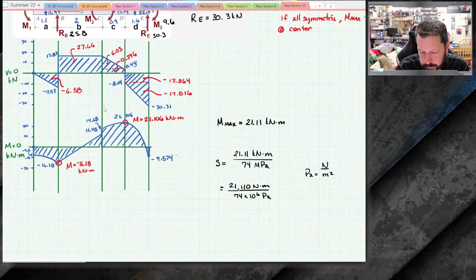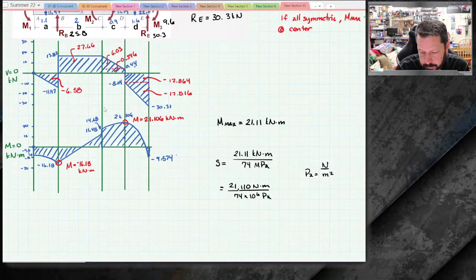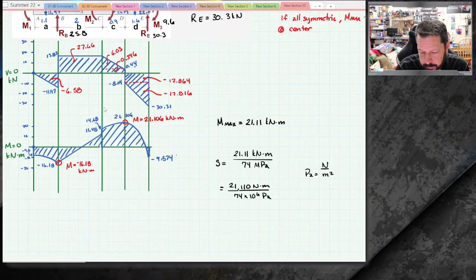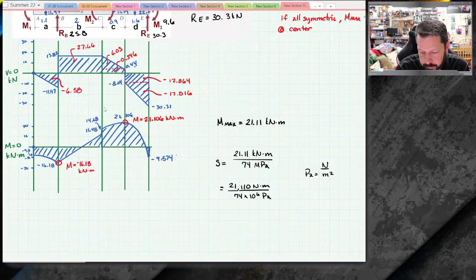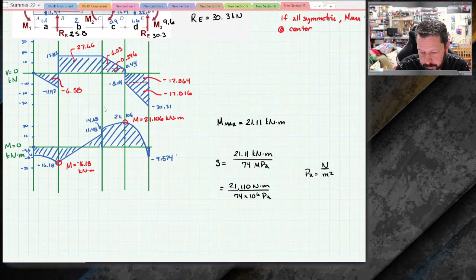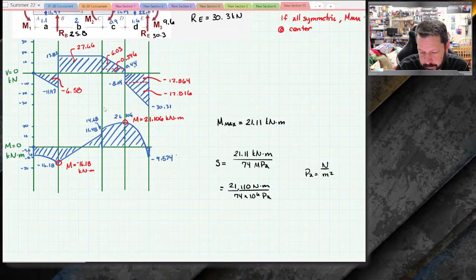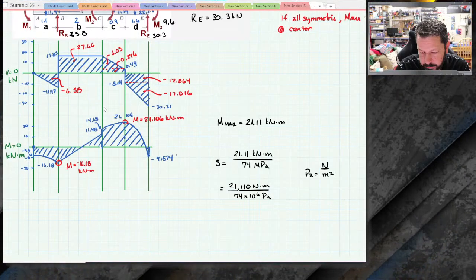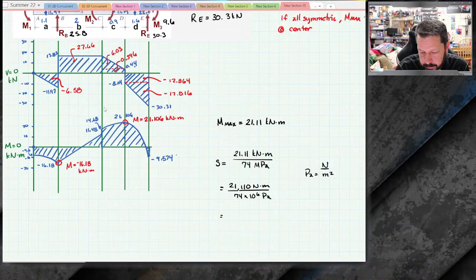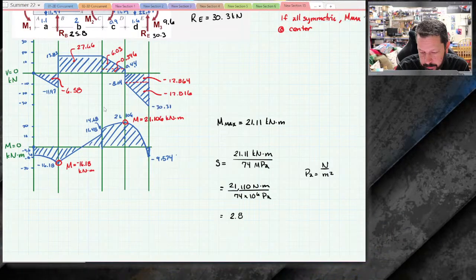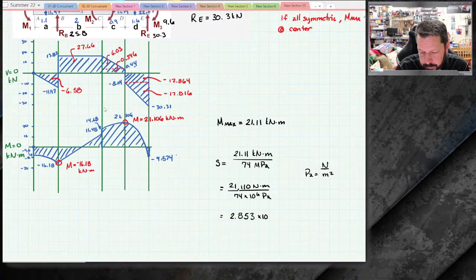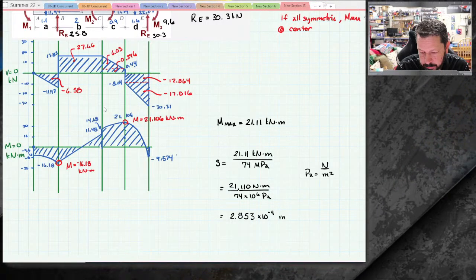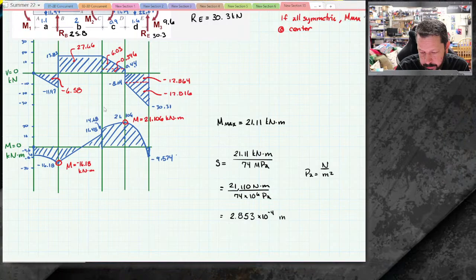Now, that's fine, except that I think the chart is going to have it in like millimeters, but we'll deal with that once we get our number. So 21,110 divided by 74 million. So we get 2.853 times 10 to the negative 4th meters, not to the 4th, meters cubed.